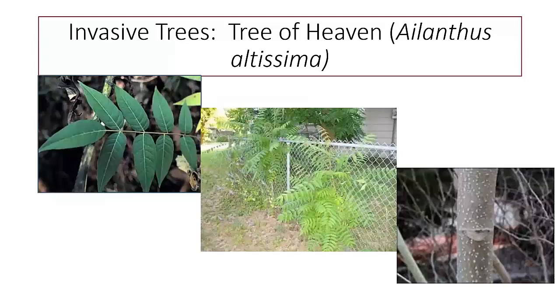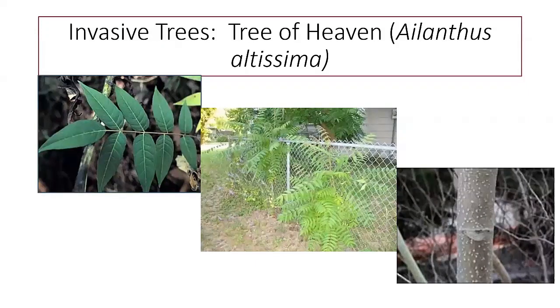So let's talk about the tree of heaven. Again, invasives tend to do very well in disturbed areas, so you will see tree of heaven sprouting up along roadsides. Here you see it growing along a fence line. The tree of heaven has a compound leaf. So on the left, you see the compound leaf of the tree of heaven.